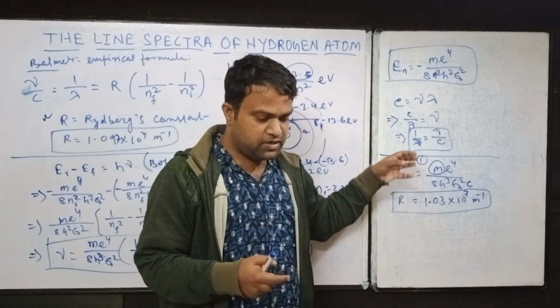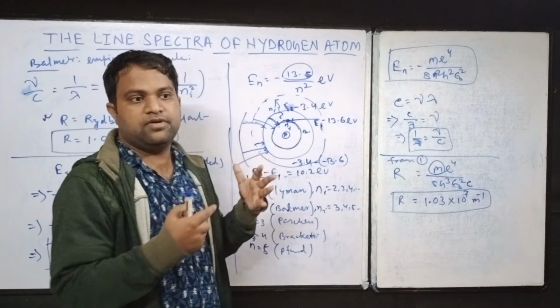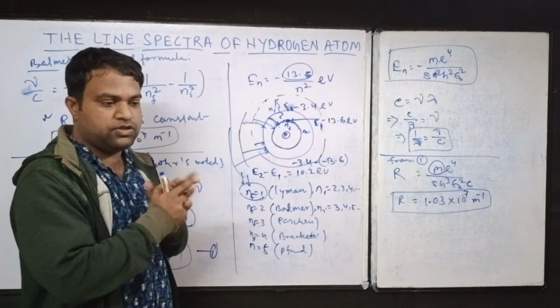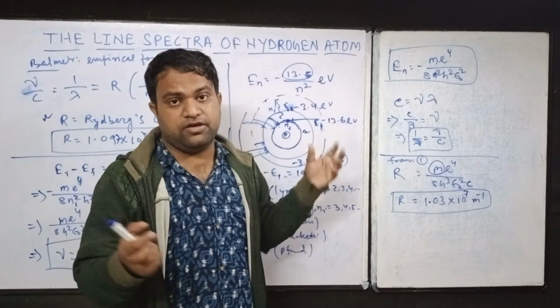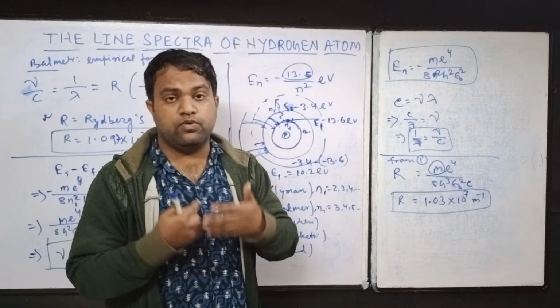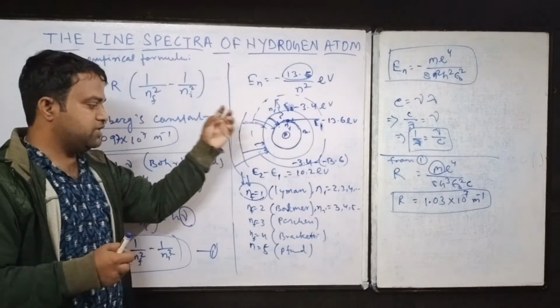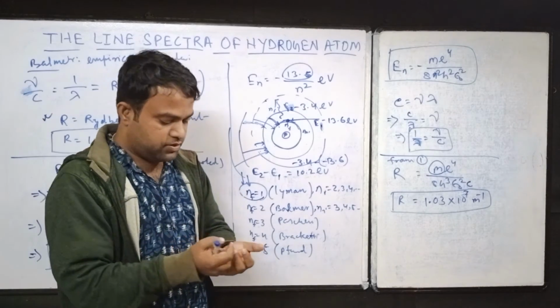So this result means this constant is verified, that both are the same. It gives more confidence, we built more confidence about the Bohr's model, that yes, the Bohr's model is a good one, this model is an accurate one.